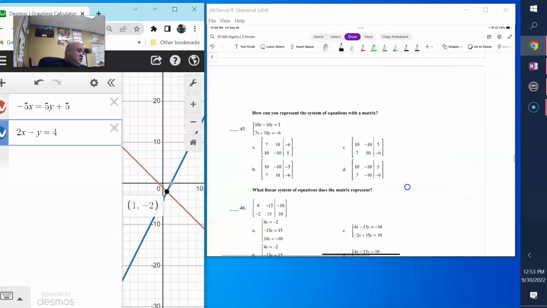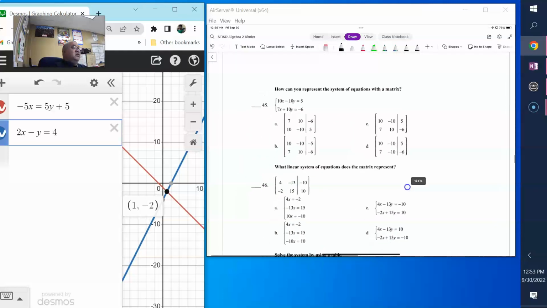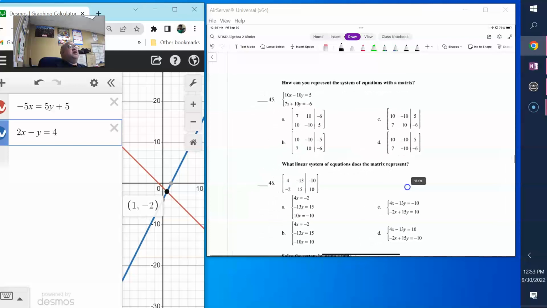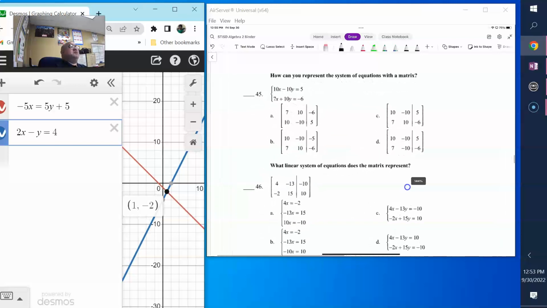44 we did in class. 45. This is what I told you. How do you represent this in a matrix? You're actually using the coefficients, which are 10, -10, -5, 7, 10, and -6. So you're going to write the bracket.